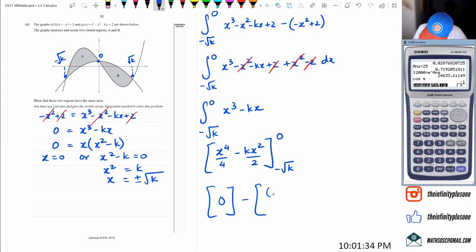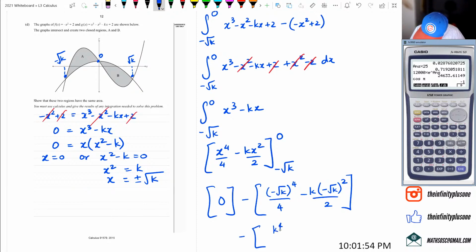Now here's where things get a little dicey, but it shouldn't be too bad: 0 minus negative square root of k to the power of 4 divided by 4, minus k times negative square root of k squared over 2. So this gives me k squared over 4, and then minus k squared over 2.